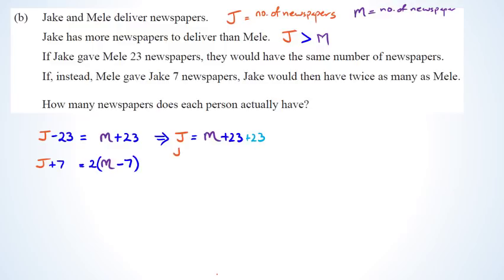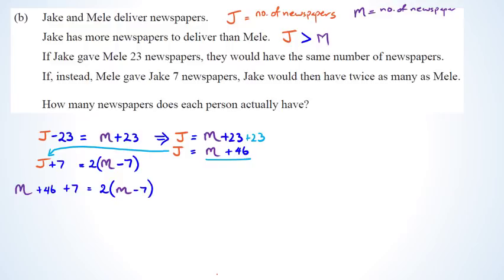So I can rewrite this statement as J equals M plus 46. Once I have this equation rearranged, I can replace this J here with M plus 46. So instead of this J, I'm going to write M plus 46 plus 7 equals 2 times M minus 7.